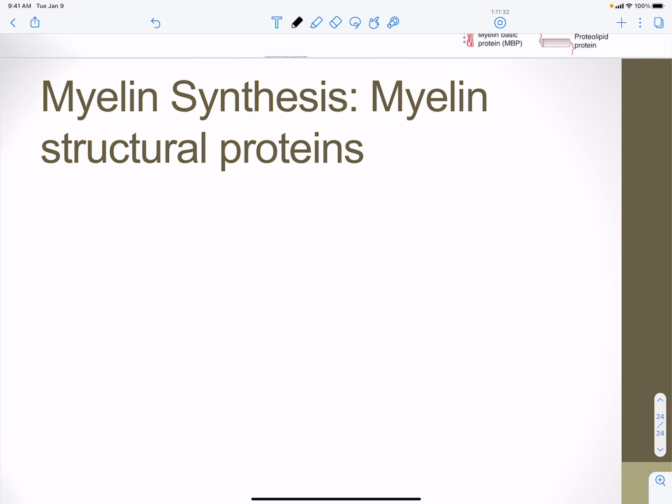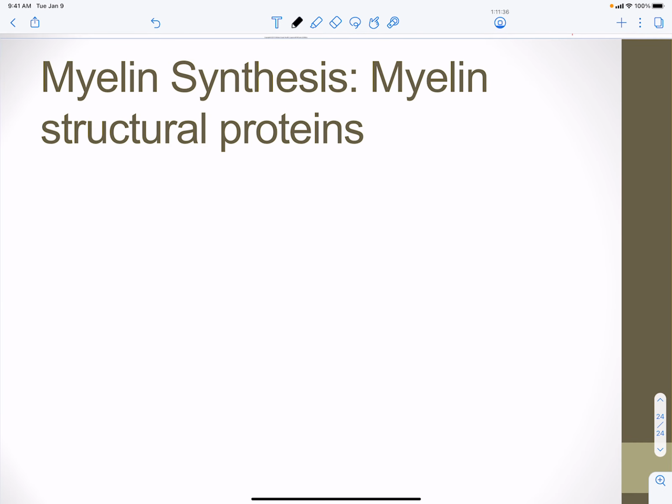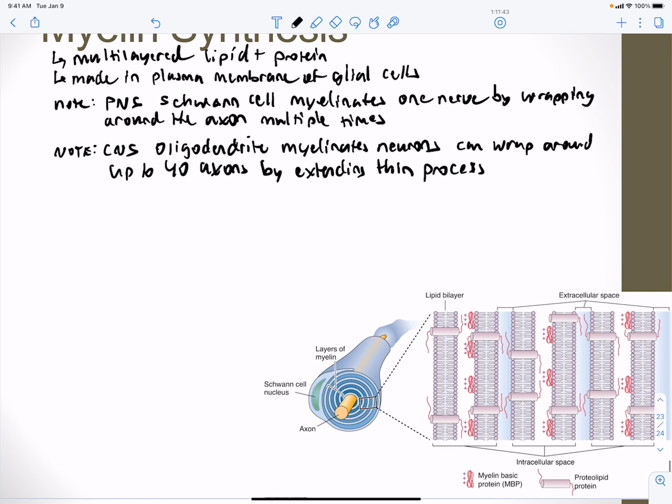Okay, so let's talk a little bit about myelin structural proteins. In the central nervous system, we have proteolipid protein.